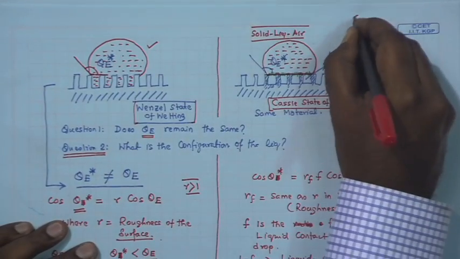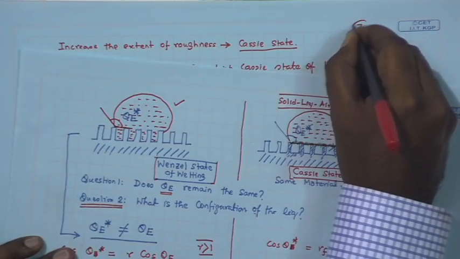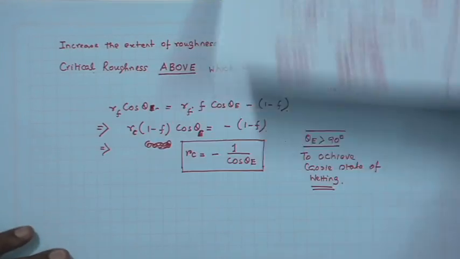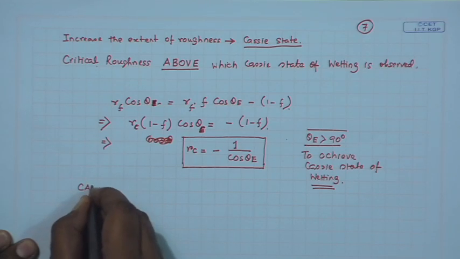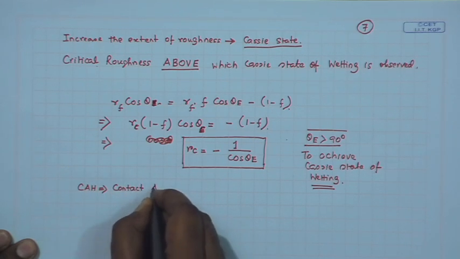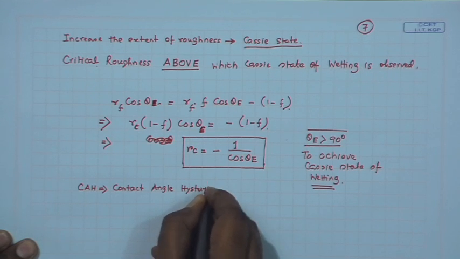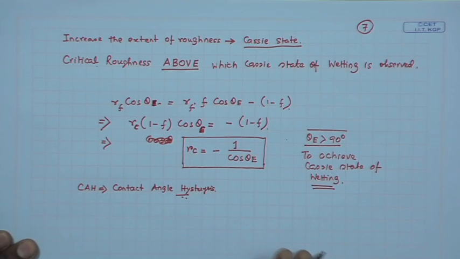In the next lecture, I will spend some time on defining what is a super hydrophobic surface, and it is not only the equilibrium contact angle that determines whether a surface is super hydrophobic or not, but there is another parameter which is known as the contact angle hysteresis or CAH, which is also an important parameter, and we will start our discussion from this point.